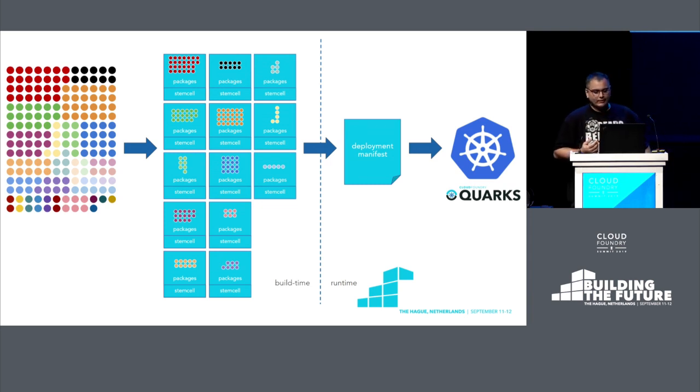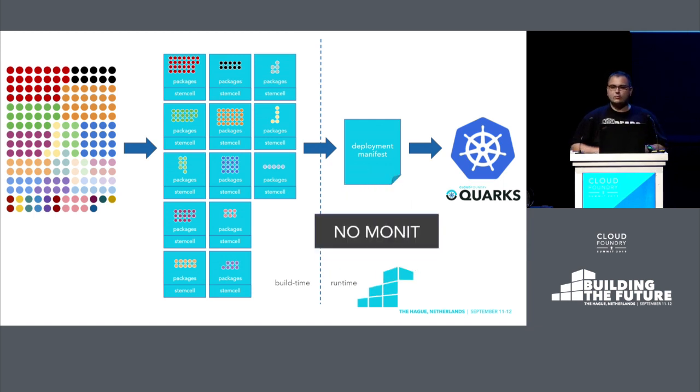And you'll see that the deployment manifest is being used at runtime, which is great. Furthermore, it's the exact same deployment manifest that you use in the VM world. You need some ops files to tweak it a bit, but you consume the exact same deployment manifest.